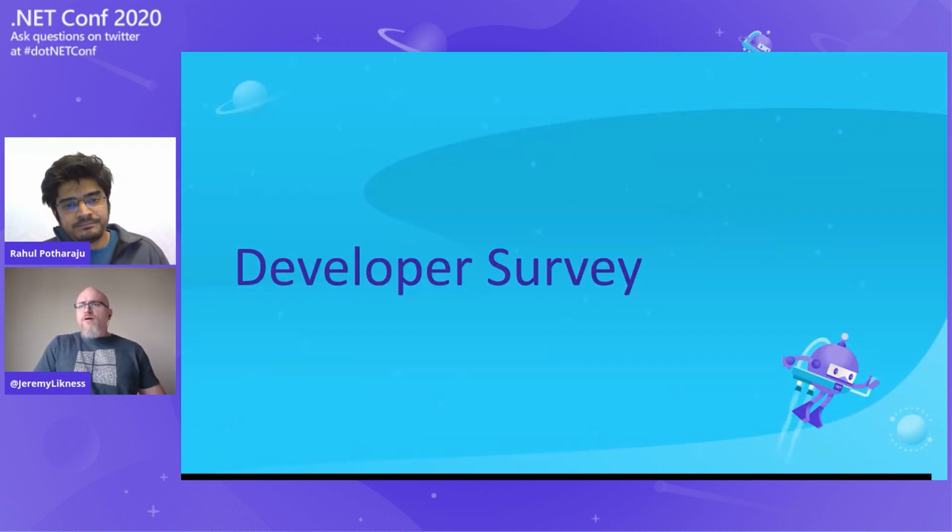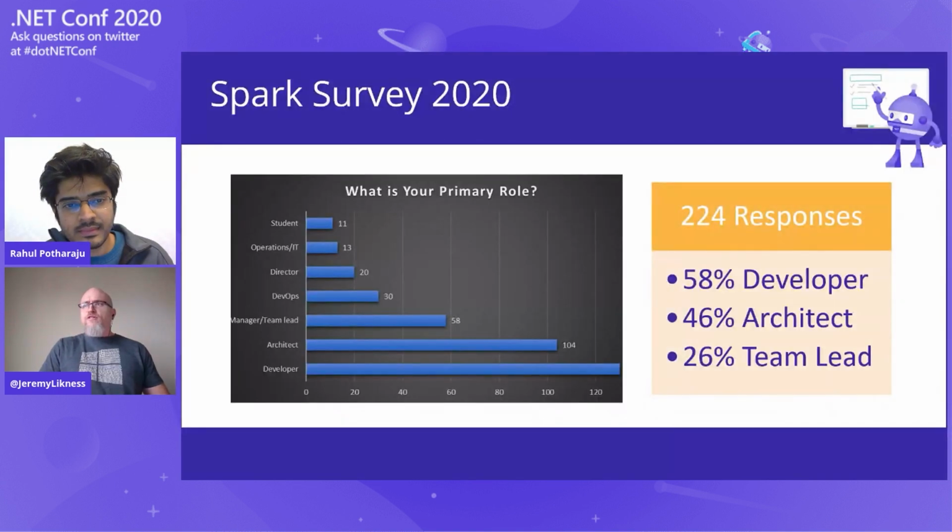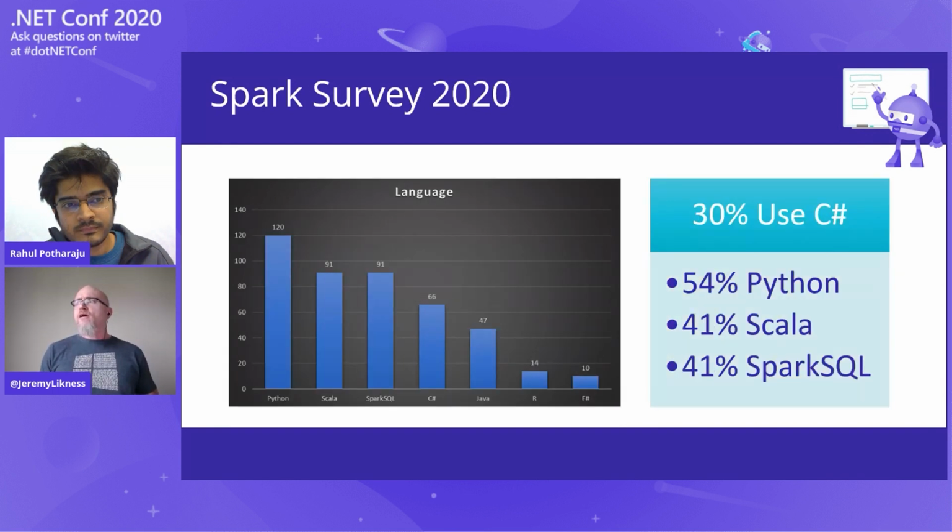We reached out, especially since we just went to a 1.0 version. We were pretty excited to hear from the community and understand exactly how they're using Spark. We got just over 200 responses, and the majority of those respondents were developers and architects. You can see the breakdown here.